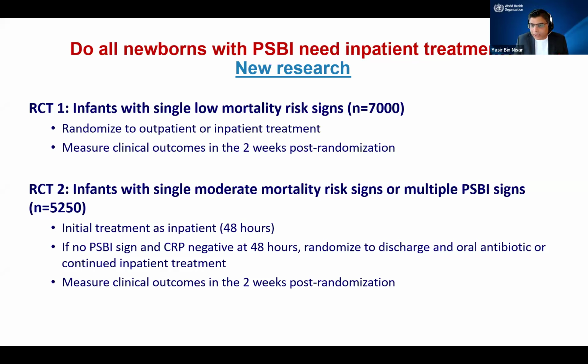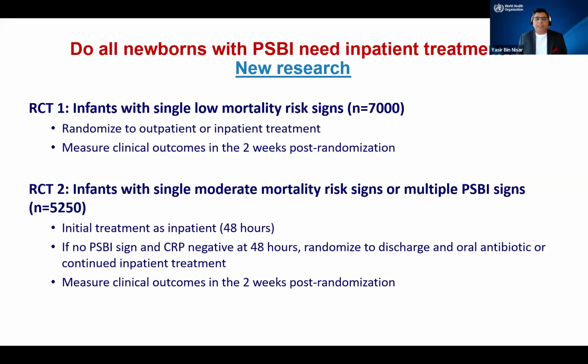If there is no sign of PSBI, we do the C-reactive protein test. If the CRP test is negative, we randomize them into two arms. One arm remains in the hospital as per the standard management of PSBI, getting ampicillin and gentamicin for 7 days. The other arm we discharge on oral amoxicillin for another 5 days.